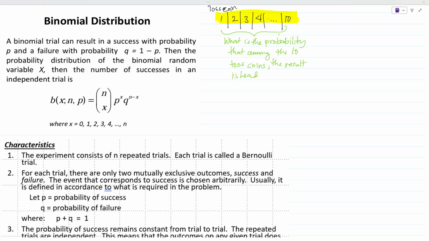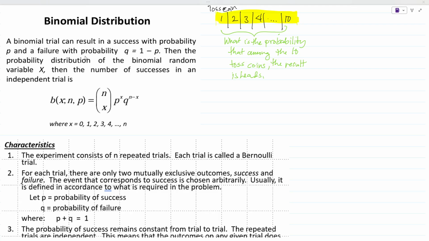For example, ganyan. Okay, hinahanap natin na across all of the trials, ano yung probability na, ano yung gusto nating result or hinahanap nating result. Okay? Naintindihan?